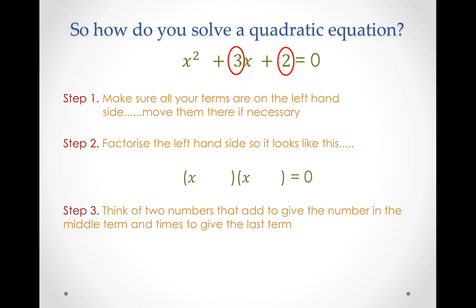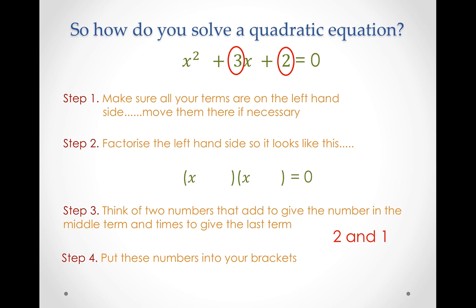So we're back to the game that we played before. This one's an easy one, and hopefully you could quickly think that the answer to this question would be 2 and 1, because 2 plus 1 is 3, and 2 times 1 is 2.